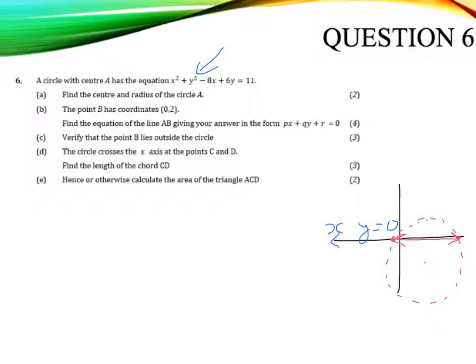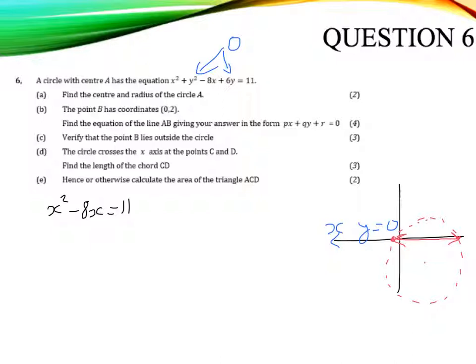So if I substitute 0 in for my y's up here, then I end up with x squared minus 8x equals 11.